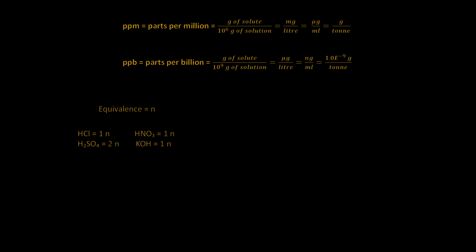However, sulfuric acid has 2 hydrogen atoms. The number of equivalences in this case is 2, or N equals 2. Now the small n in this case means equivalence. It does not mean moles. Potassium hydroxide has only 1 hydroxide ion, and therefore its number of equivalences is 1.